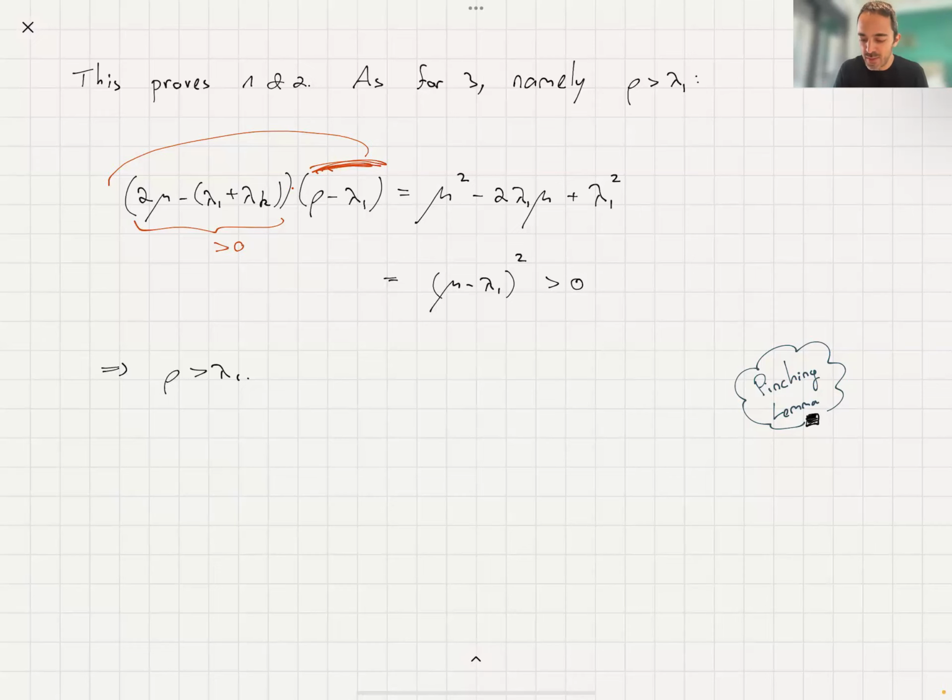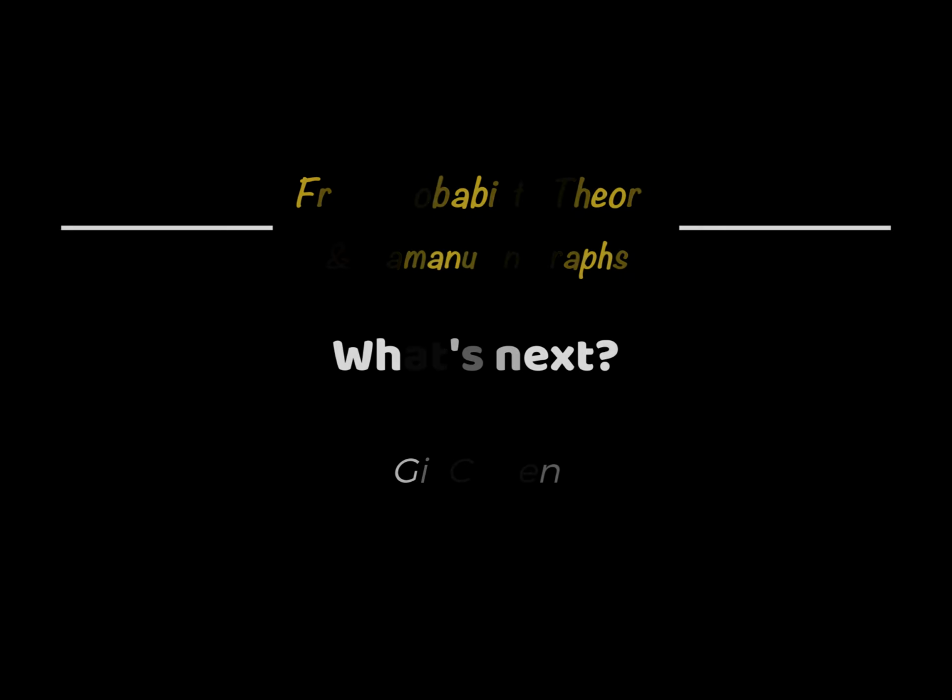You get this thing, which you can complete to a square. So you get mu minus lambda 1 squared. And this is strictly larger than 0. It's obviously at least 0, but it's strictly larger because we know by item 2 that mu is strictly between lambda 1 and lambda k. So anyhow, this is indeed strictly larger than 0. And we know that this is strictly larger than 0. So this means that rho is strictly larger than lambda 1. Okay, so that was the proof of the pinching lemma.